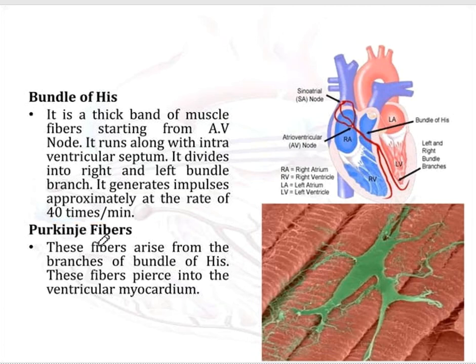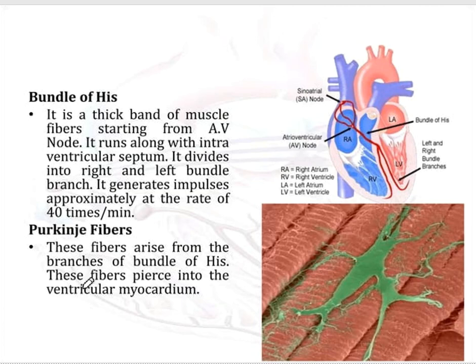Then the last one is the Purkinje fibers. The discharge will occur over here. These fibers arise from the branches of the bundle of His, and they pierce into the ventricular myocardium, causing a forceful ventricular contraction to push the blood to the aorta, from where the blood goes to the upper and lower parts of the body. These are the major branches as well.